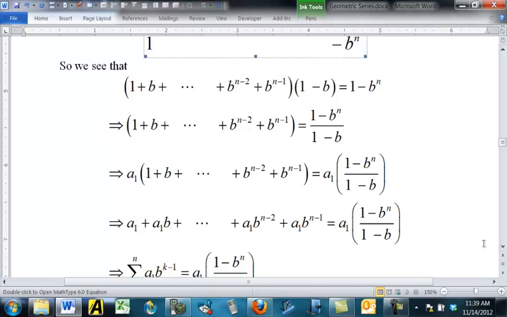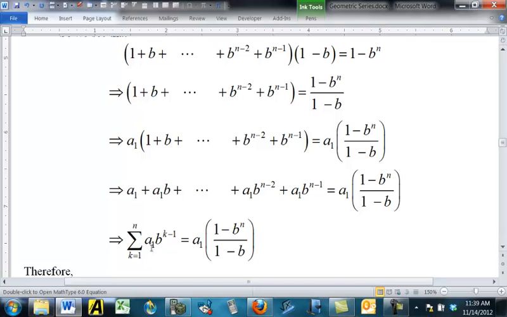And in fact, that is exactly the sum of a1 times b to the k minus 1 from k equals 1 to n. Okay? And that's exactly the sum of the first n terms of a geometric series, with a1 being the first term and b being the base or the common ratio. And so there's our formula, and we have derived that.